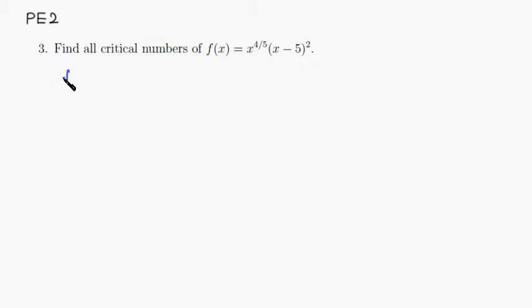So f prime of x is equal to, you have two things multiplied together, so we're going to have to apply the product rule.